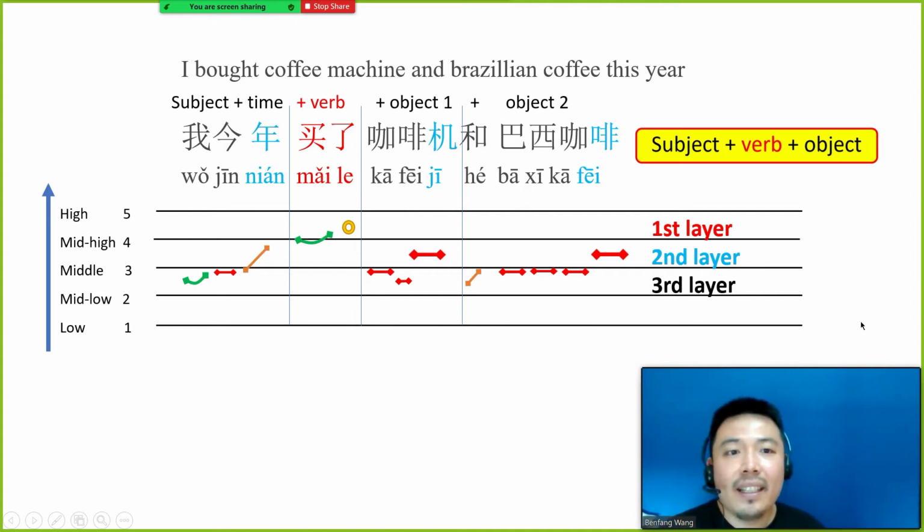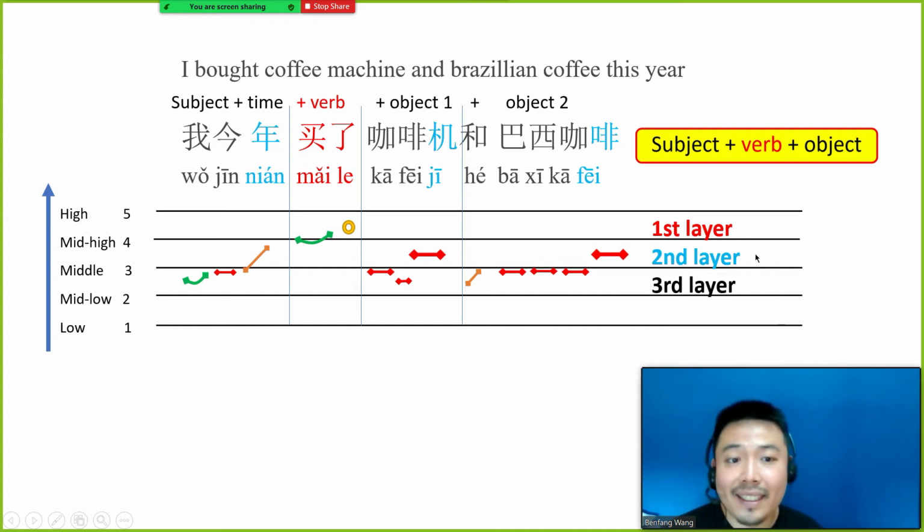And then in this sentence, the stress should fall on the verb, which is 买了, 买了. Again, 了 the neutral tone is higher than the third tone. They fall in the first layer. 我今年买了咖啡机和巴西咖啡。So 年, 机 and 啡 are the last pinyin of each chunk.